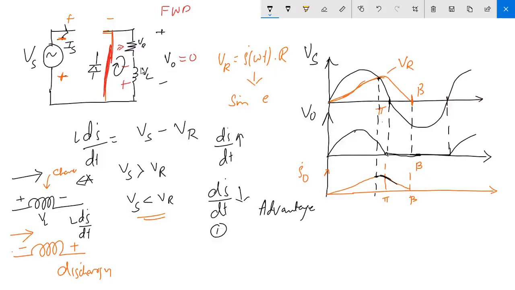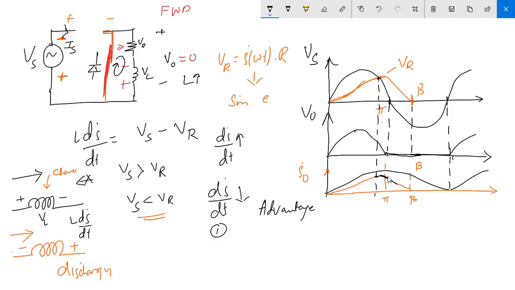If you increase the inductor value to a very high value, the continuity of the current can be increased.